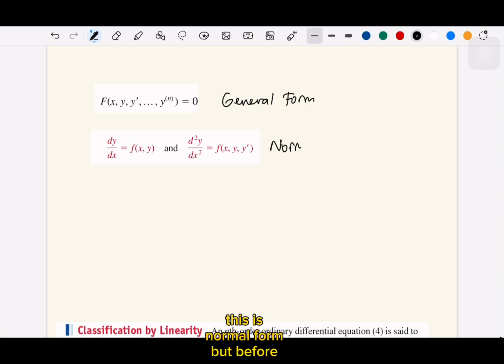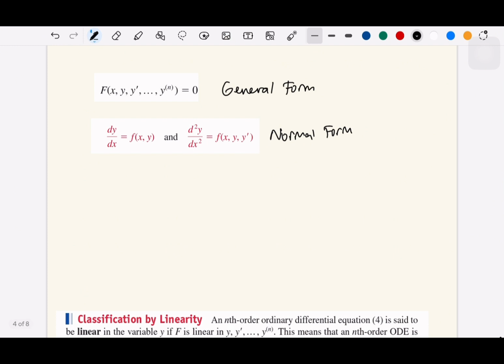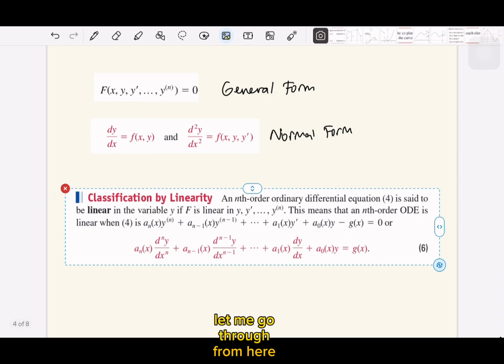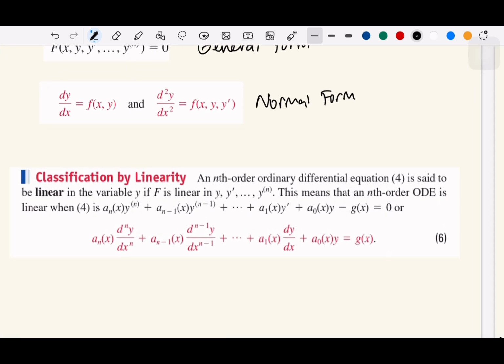This is the normal form. But before we go to the linearity, I don't think this is a good example. I think we can go directly to classification by linearity. Let me go through from here.